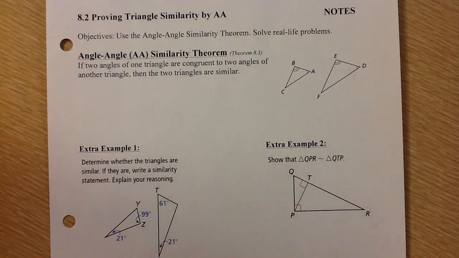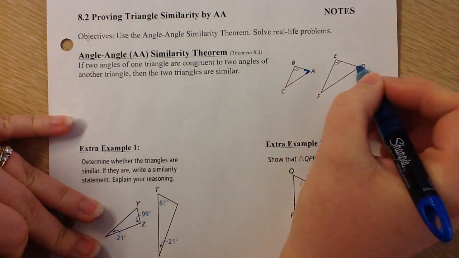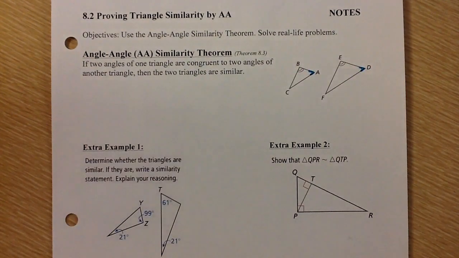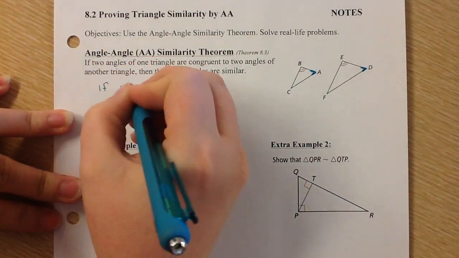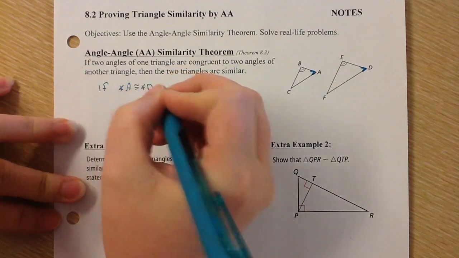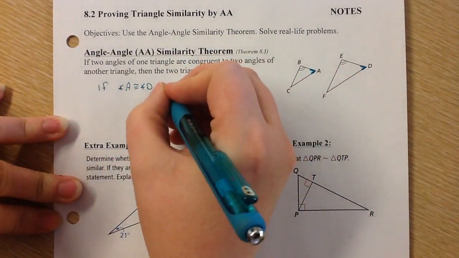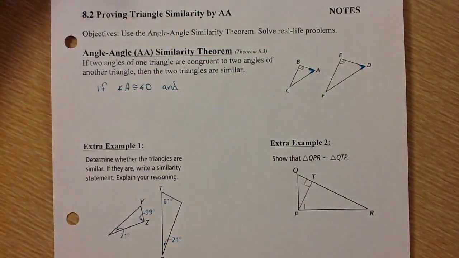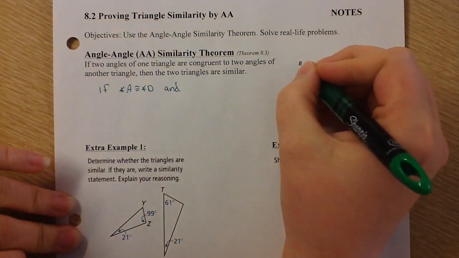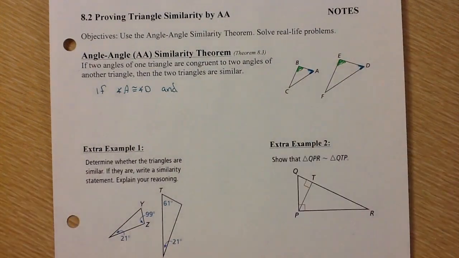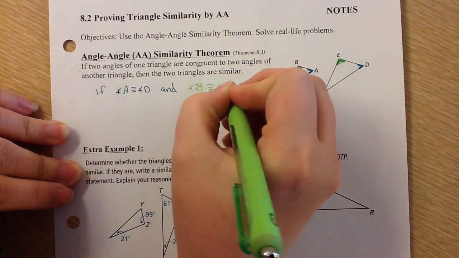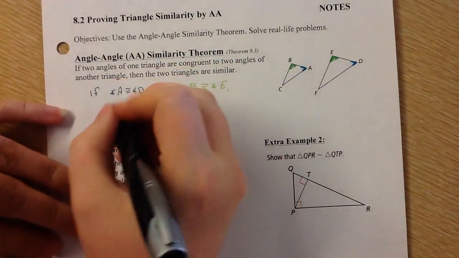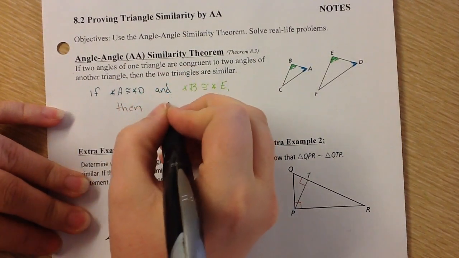In this picture, angle A has one mark and angle D has one mark, so angle A is congruent to angle D. We also have angle B congruent to angle E.